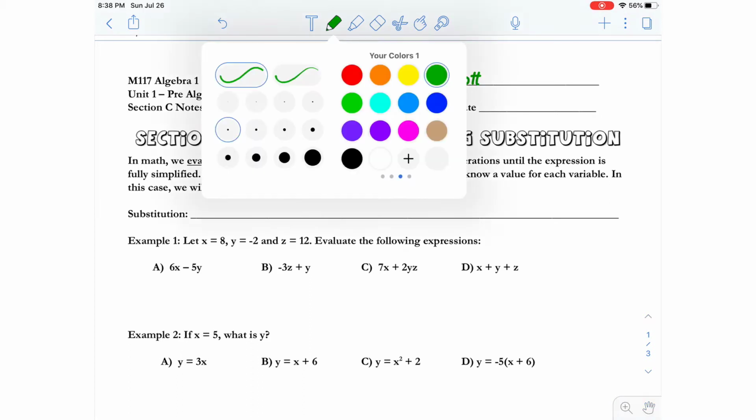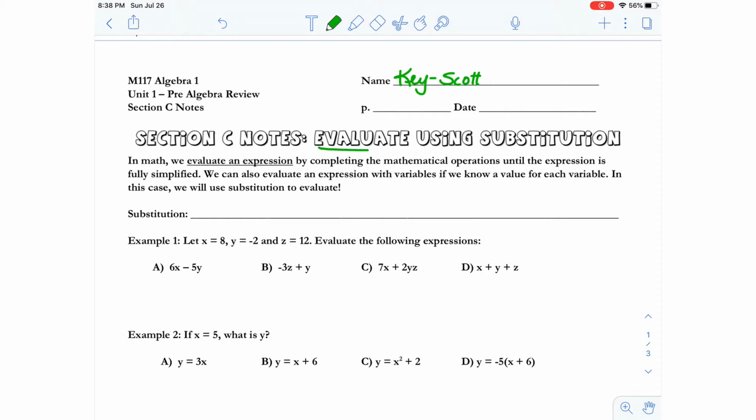So today we will be talking about evaluating an expression using substitution. In math, we evaluate an expression by completing the mathematical operations until that expression is fully simplified. We can also evaluate an expression with variables if we know a value for each variable.